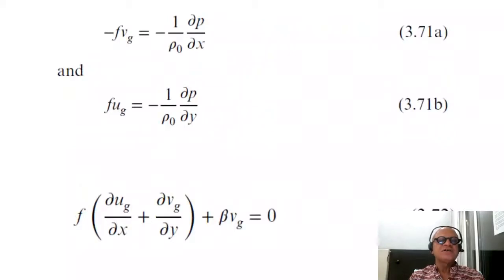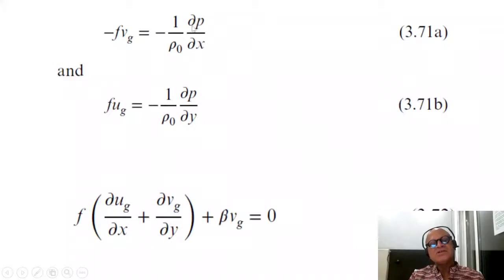Let's assume a simple balance again, geostrophic balance, where in the x direction you have minus f times Vg, where Vg is the geostrophic current, being balanced by the horizontal pressure gradient in the zonal direction, and similarly in the meridional direction you have f times Ug equals minus 1 over rho 0 dp/dy. You should get used to this by now, because Coriolis pushes to the right in the northern hemisphere and to the left in the southern hemisphere.